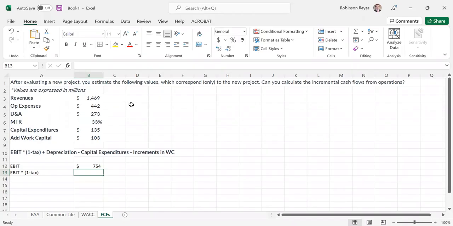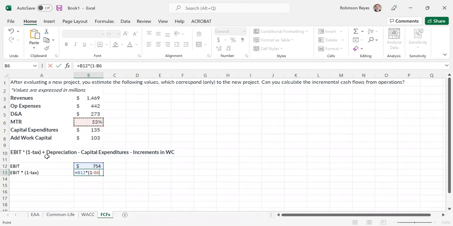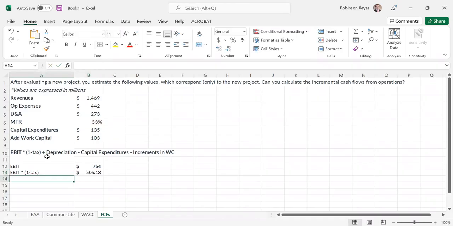If we do not subtract depreciation, then we would end up paying more taxes than what the firm will really be paying. So now we do this times 1 minus the tax rate, which is 33%, and these numbers are all randomly chosen by Canvas.